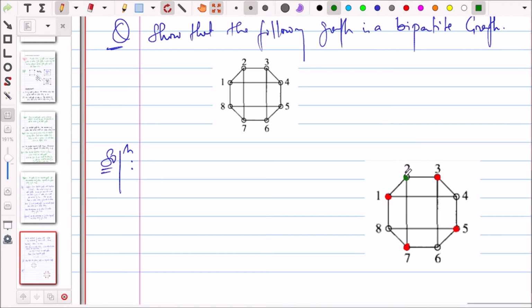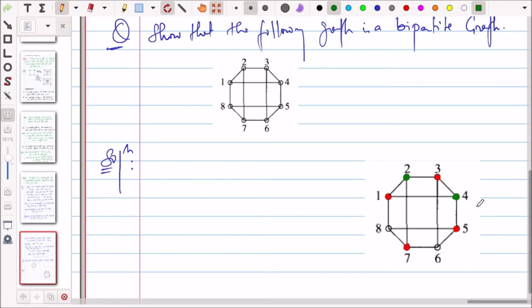अब let us give another color क्योंकि अब तो सारे एडजेसेंट रह गए. So 2 को green दे दिया, then we can give green to 4 also. अब 2 और 4 से कौन सा adjacent नहीं है? This 6. अब इन तीनों से कौन सा adjacent नहीं है? That is 8.